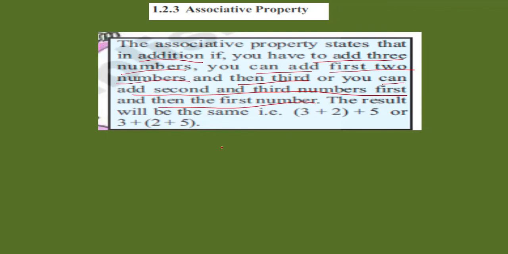For example, here you take any three natural numbers 3, 2, 5.